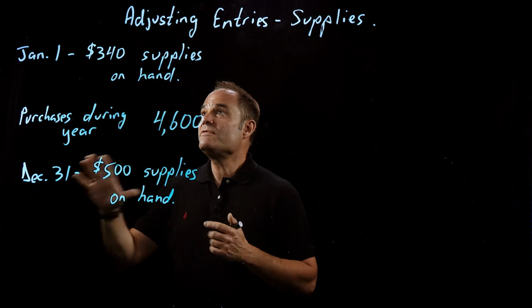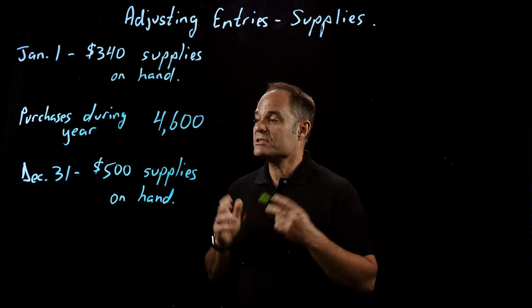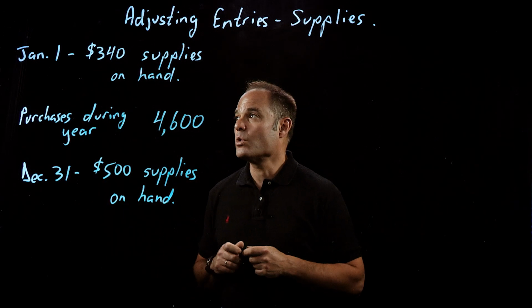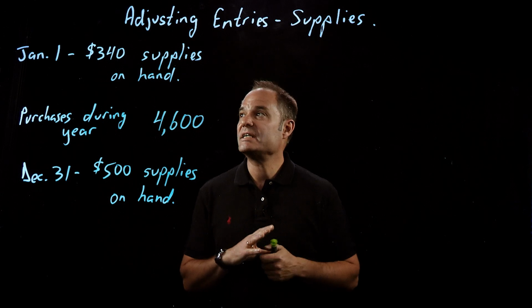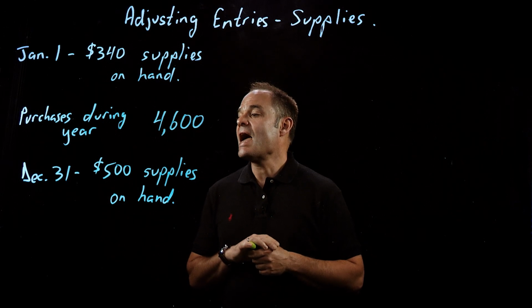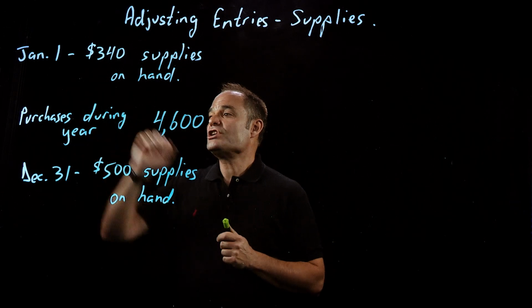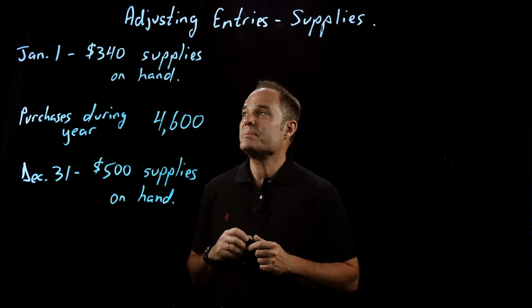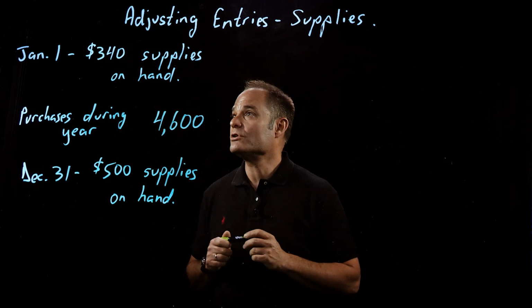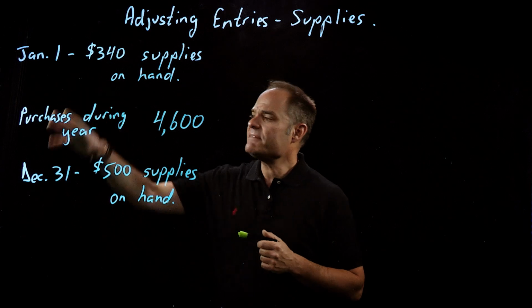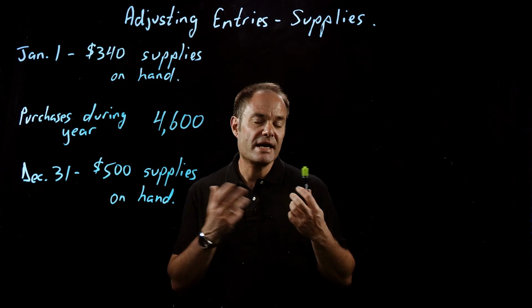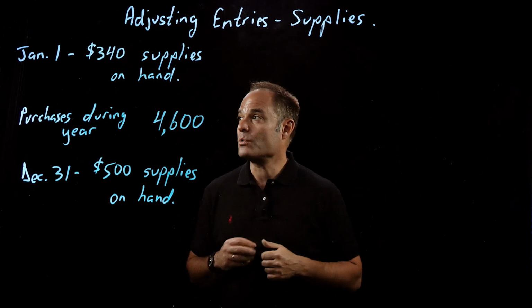And so we've got a little scenario here set up to demonstrate how we're going to work out exactly how much should be expensed in any given period. On January 1st, this particular company had $340 worth of supplies on hand. I've done this over a year, but it could be over any accounting period, month, quarter, whatever.